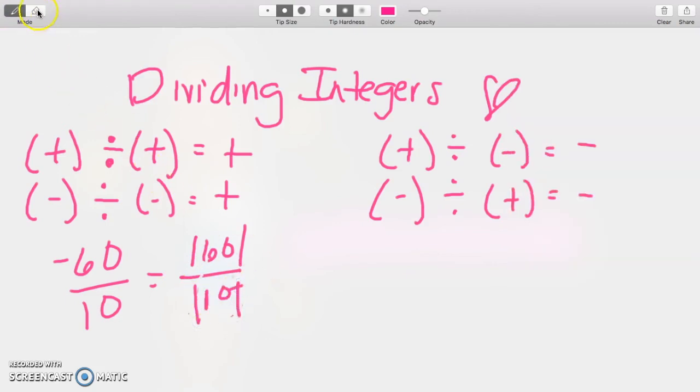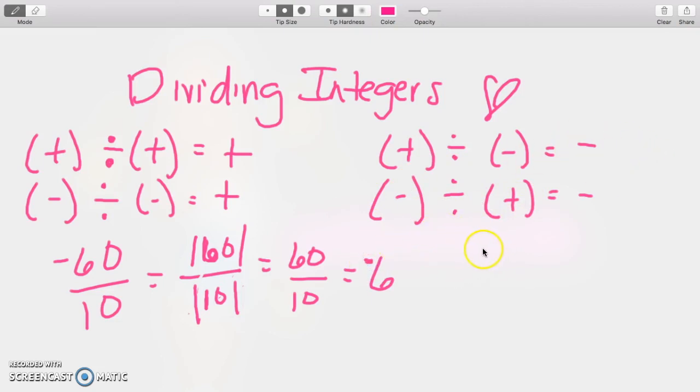Let me clean up my mess. So the absolute value of 60 is 60, and the absolute value of 10 is 10. The problem was negative 60 divided by 10, which gives us 6. Since one integer is negative and the other is positive, our final answer will be negative.